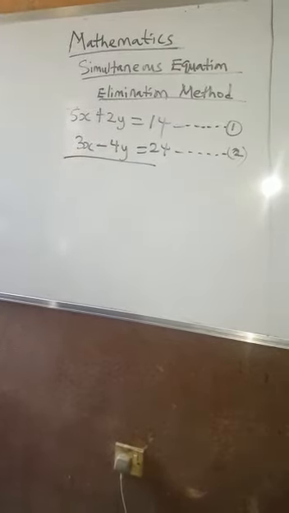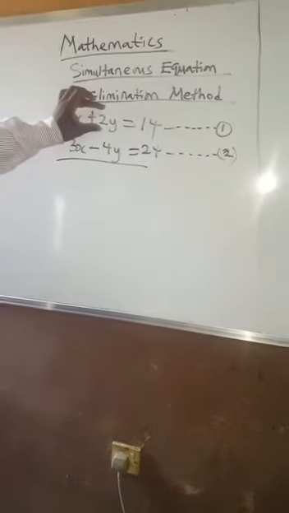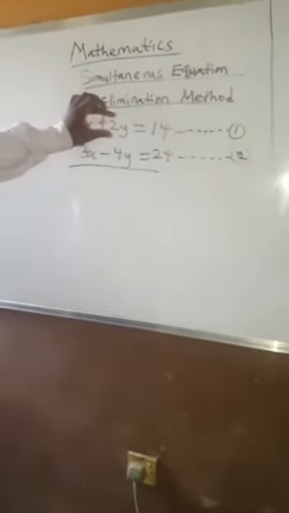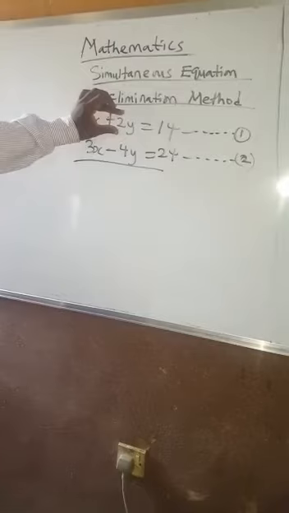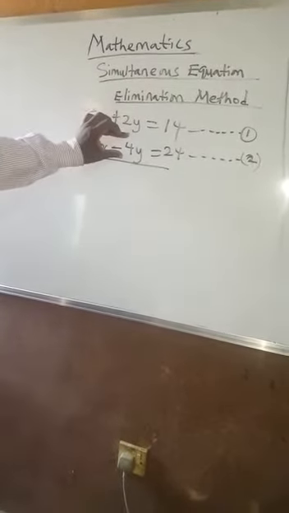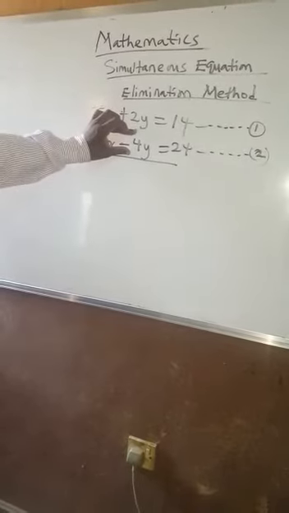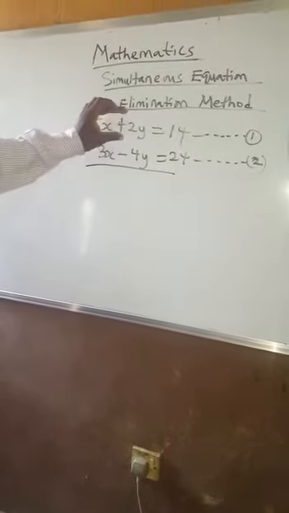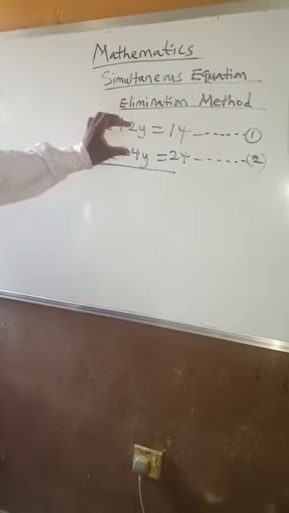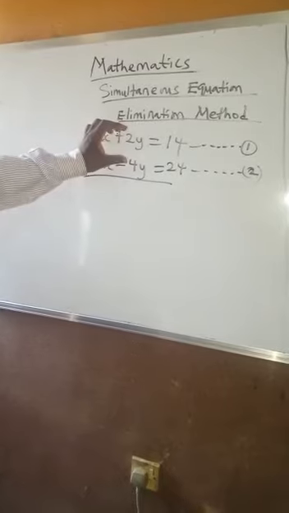Now, in order to eliminate the coefficient of y, the coefficient of y at equation 1 is 2. The value at equation 2 is 4. So I have to make the two values the same before I can eliminate it.